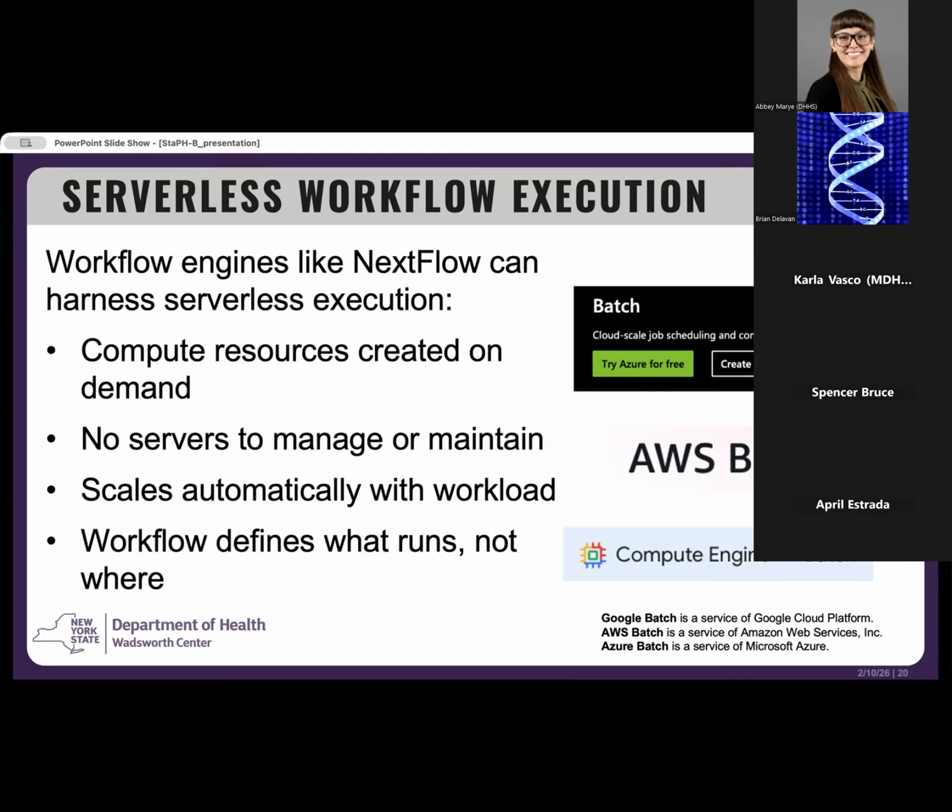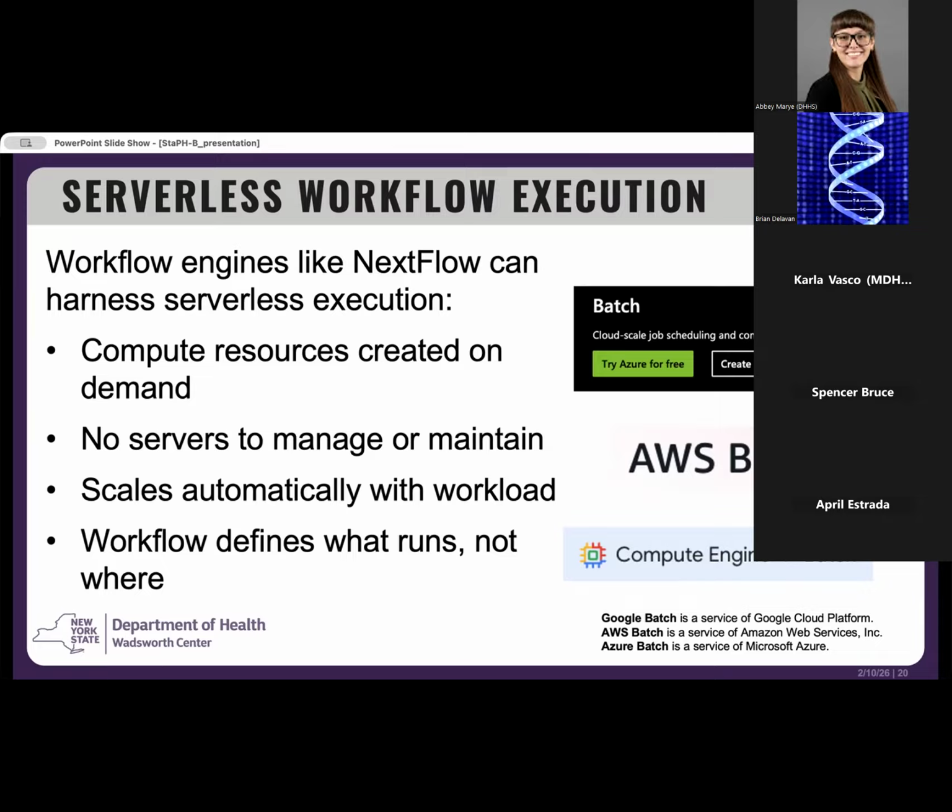Workflow engines like Nextflow can take advantage of serverless execution models. In this setup, Nextflow defines the workflow logic and the cloud platform handles the compute infrastructure, right? So instead of running on a fixed cluster, compute resources are created only when they are needed. As your workload increases, the system just scales automatically.